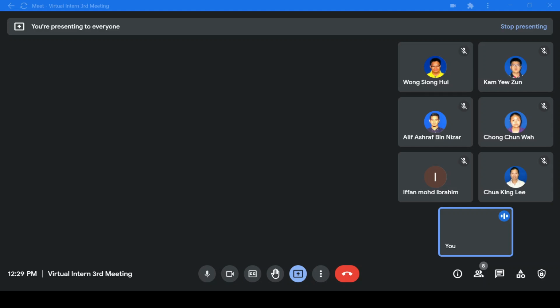Let's do something like this, where this is S3. For example, if we have only 2 cars waiting here, we call it congestion level 1.